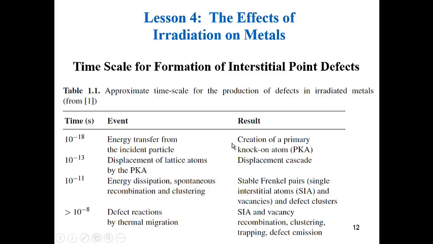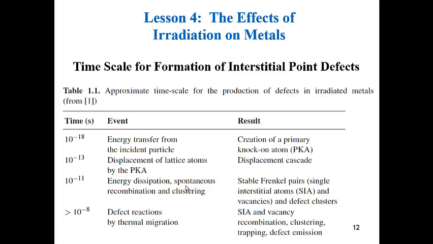resulting in the creation of a primary knock-on atom. In 10 to the minus 13 seconds, we will have a displacement of lattice atoms by the PKA. So in a very short period of time, we knock an atom free. And it may have very high energy itself from the incident neutron. And that atom can strike other atoms and displace them from the lattice, creating then a secondary knock-on atom.